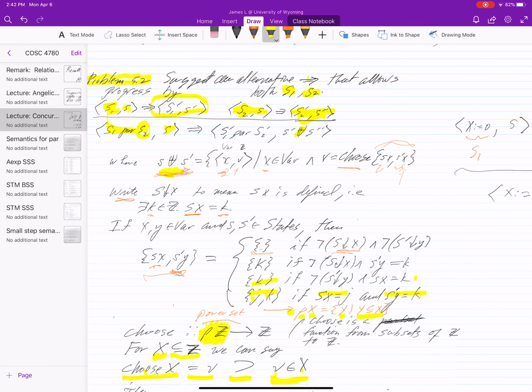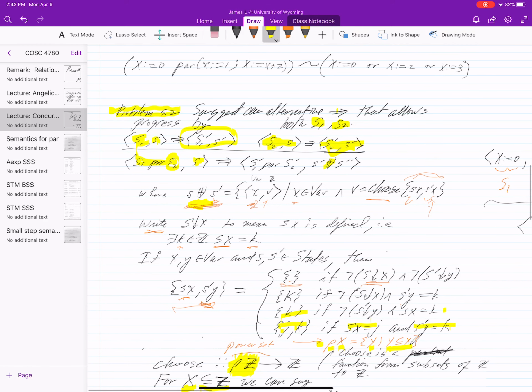The only problem is that this union operator that I created has erased some information. It's building a new function that looks like S prime and looks like S double prime, but it mixes together any overlapping spots in kind of a random way.